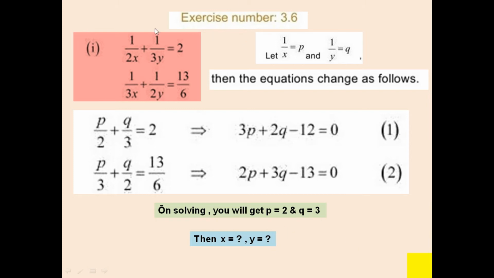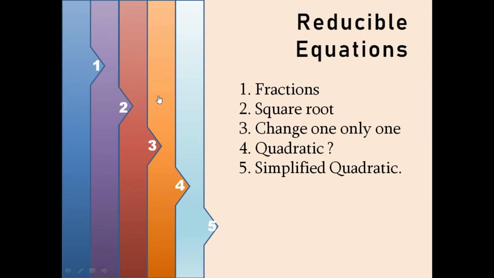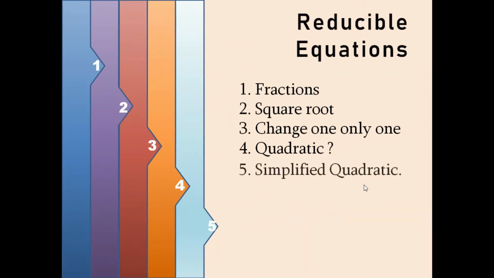So this is how we solve this kind of an example where the equation is not given directly as a linear equation. Now, the second thing that we're going to talk about is if the coefficients are given in square root format. The reducible equations I'm talking about here are nothing but problems that exist in the given linear equations.